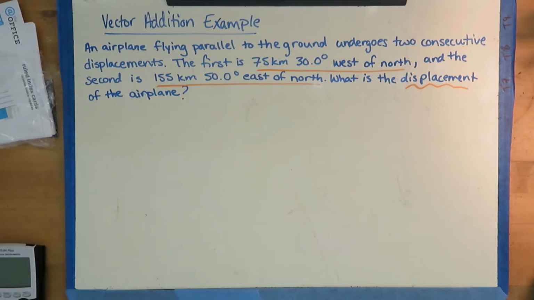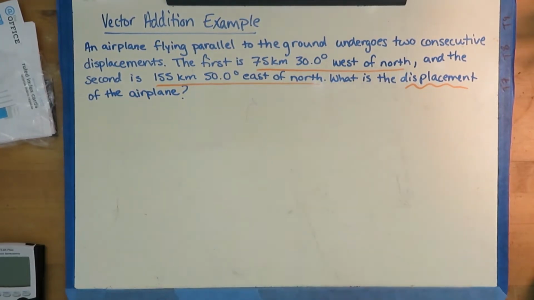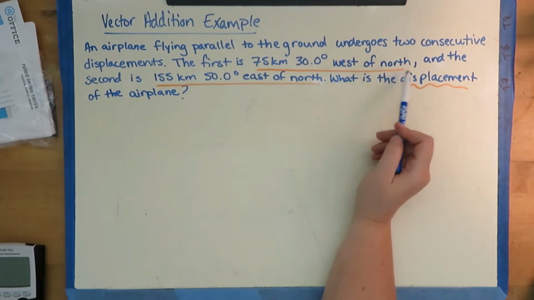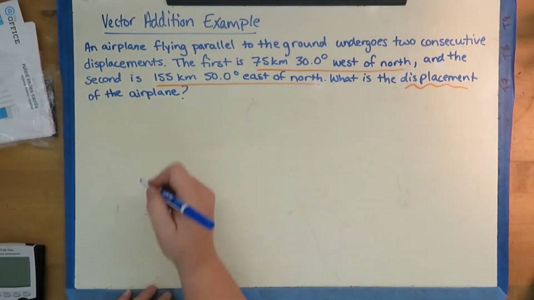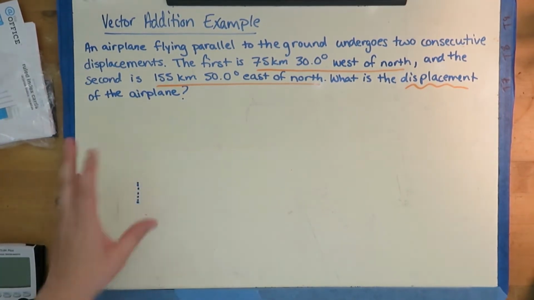So the first thing I'm going to do after I've read the problem is draw out these vectors. The first vector is 75 kilometers, 30 degrees west of north. So there's that two-part direction. This is saying I ended up west of north, so I was originally going north. So I'm going to pick a point on my paper, and I'm going to draw a little dotted line for north.